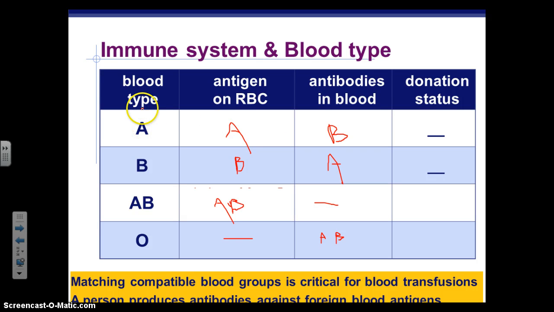A person with type A blood can be given type A or type O. O has no antigen, so it won't be attacked by the antibodies in the blood. But it's important that you stay within your donation status, so that your immune system doesn't attack the cells you're getting from someone else.